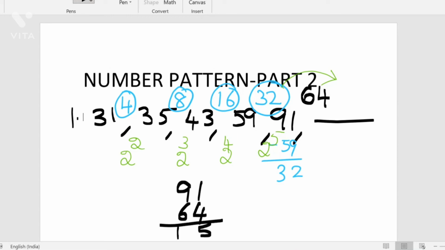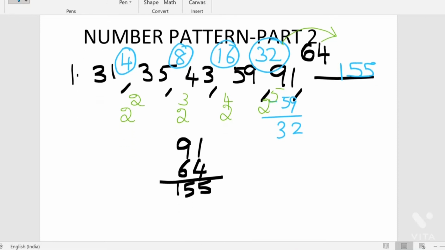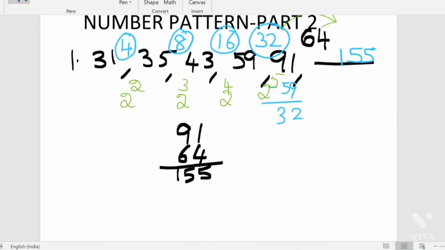The missing number should be 155. It's very easy to find out. Once you understand the relation between the given numbers, it is easy to find the missing number. We'll move to the next problem now.